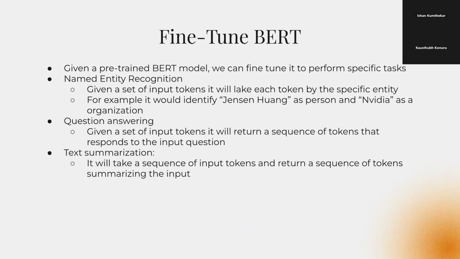We can also do question answering. BERT can be given a set of input tokens and produce output tokens that answer the question. The last thing is text summarization. You can take an input of tokens, which is the text, and produce an output of tokens, which is the summary of that text. So with fine-tuning you can do a lot of things with BERT. It's very powerful because of this pre-trained knowledge from the large data set.